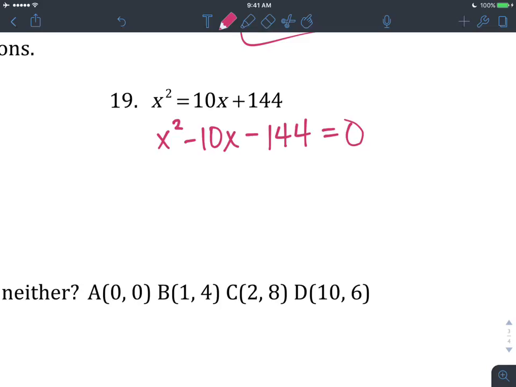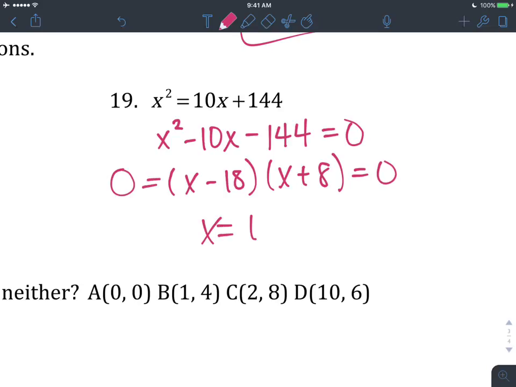Factors of 144 that are going to give you 10. It's going to be 8 and 18. So x minus 18, x plus 8 equals 0. So you're going to get 18 and negative 8 as your two answers.